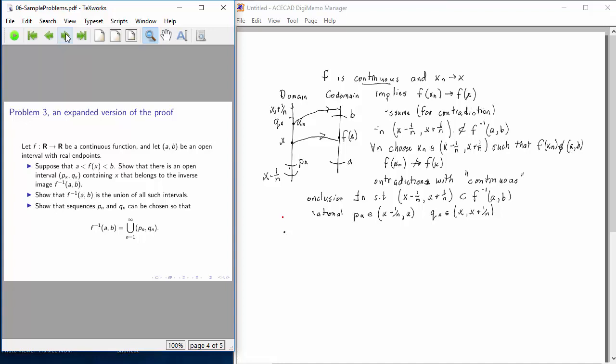I need to show that the inverse image is the union of all such intervals. Whenever you are asked to show that two sets are equal, what you do is to show that each is a subset of the other.